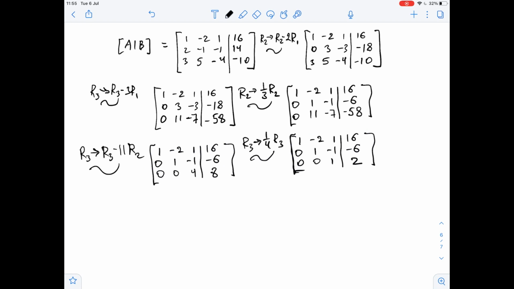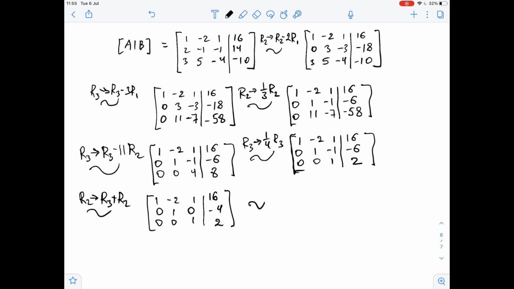Now we will add the third row to the second row. So row 2 becomes row 3 plus row 2. So here we get 1, -2, 1, 16, 0, 1, 0, -4, 0, 0, 1, 2.